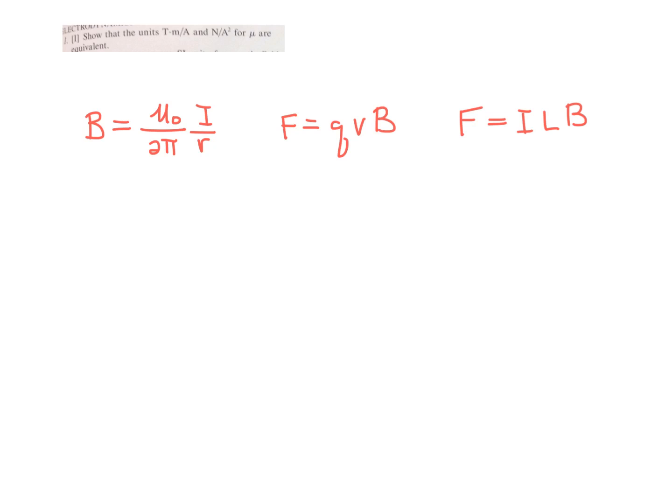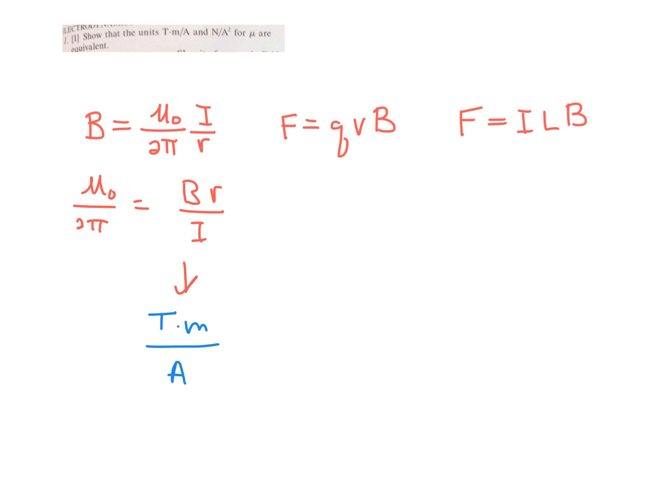show here. Let's start with the basic magnetic field around a wire equation on the left-hand side here. If I solve for mu 0 over 2 pi, which is basically what we're starting with here, that is equal to B times R over I. So just looking at units here, on the right-hand side, B is a magnetic field, in Teslas, and R is a distance in meters, and I is a current in amps.